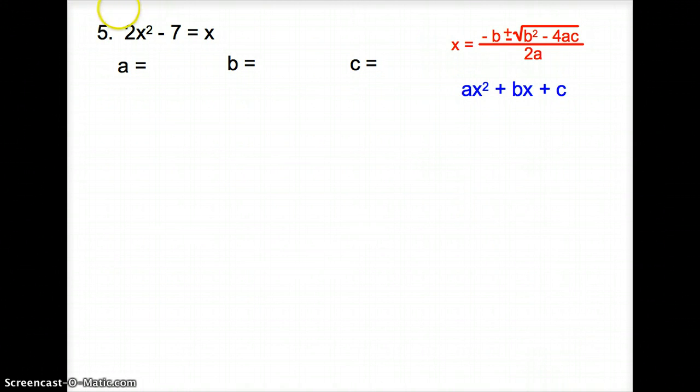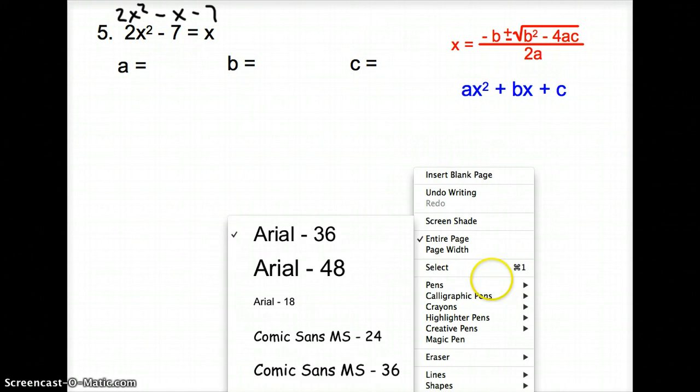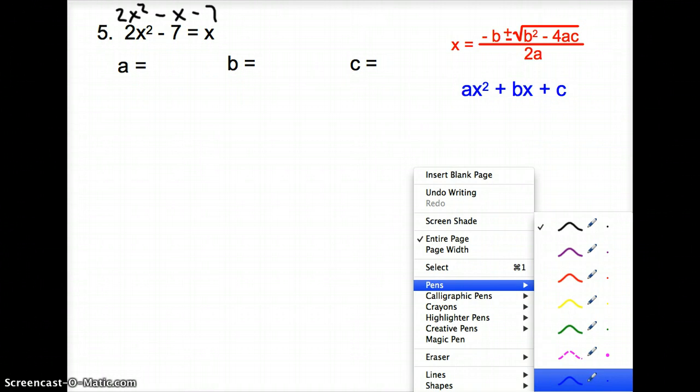And I'm going to rearrange it as 2x squared, and I'm going to subtract the x over, so it's going to be minus x minus 7. I'm going to put that minus x in between the 7 and the 2x just because we're used to seeing it in that order. So again, let's go ahead and name our a, b, and c.